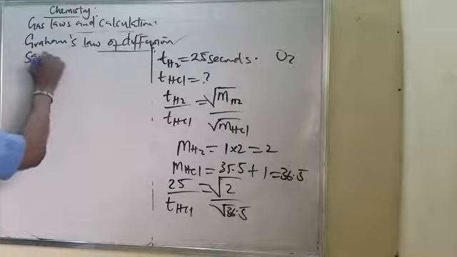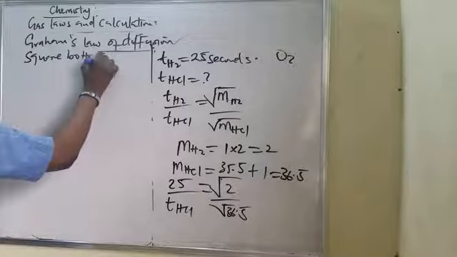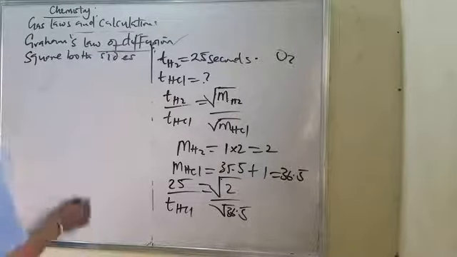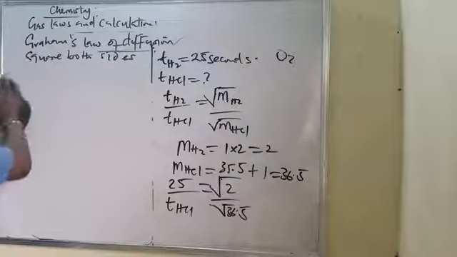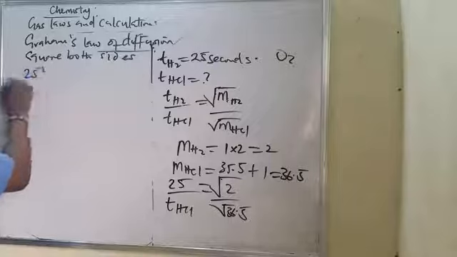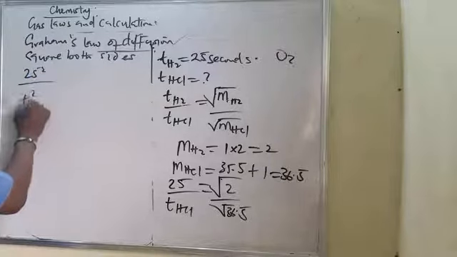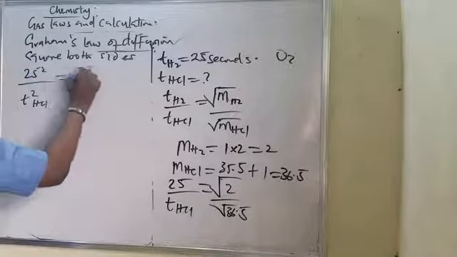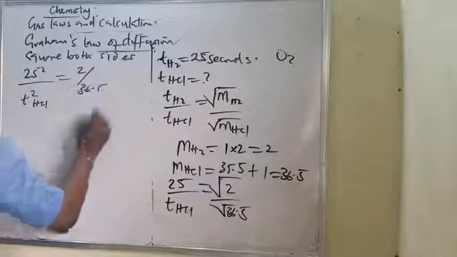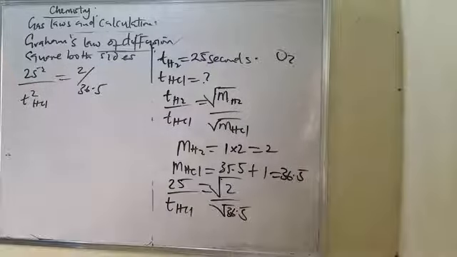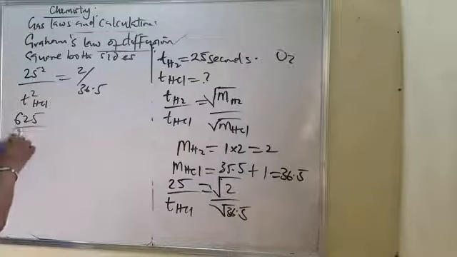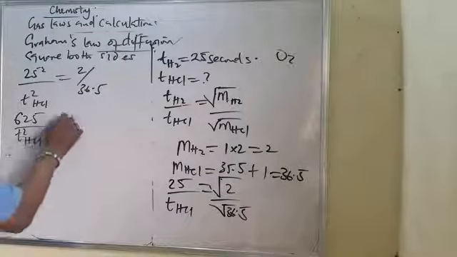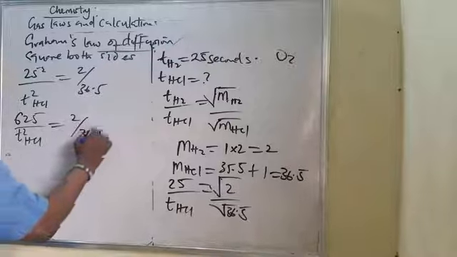If we square both sides, it becomes 25 squared over T squared of HCl equals 2 over 36.5, because it eliminates the square root sign. So this becomes 625 over T squared of HCl equals 2 over 36.5.